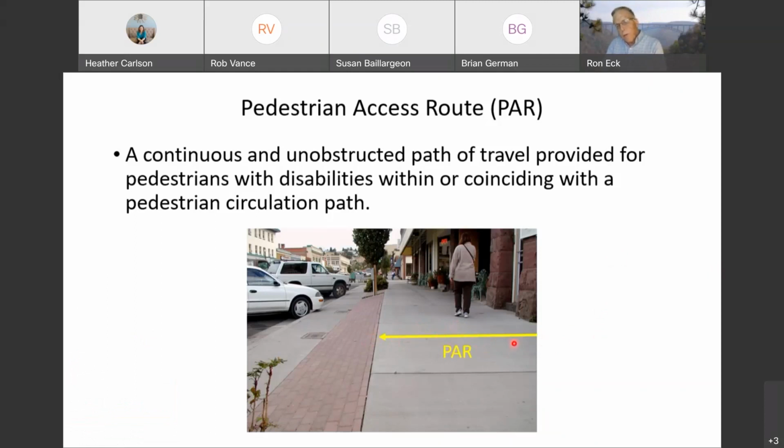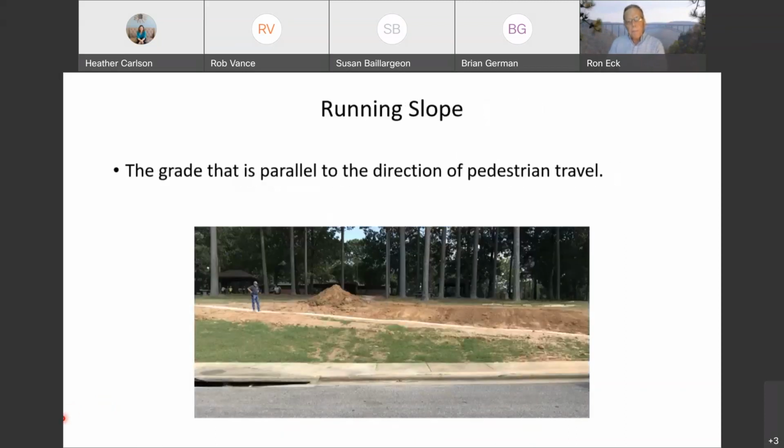This complies with the requirements of PROWAG in terms of cross slope, surface, and width, and so forth. But notice that the actual circulation path where pedestrians might walk, able-bodied and disabled, would extend from the back of curb here where the cars are parked all the way to the storefronts. So in this case, the PAR is situated within the pedestrian circulation path, but they could also coincide. They could be the same.